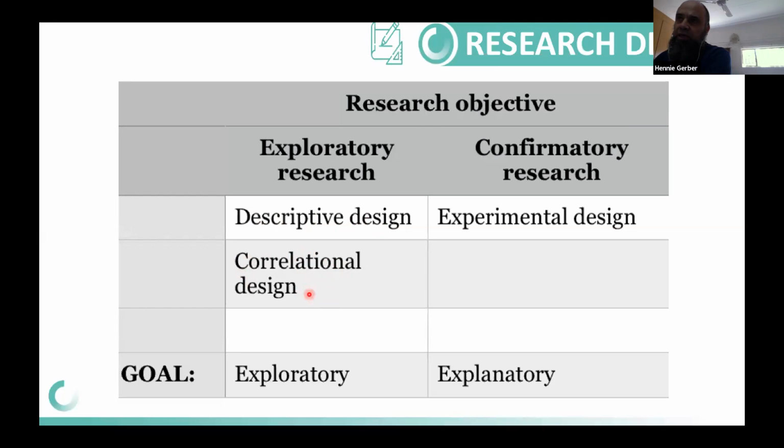Most studies are doing this. So if you have any model or any relationships you're looking at, and that's your main aim, say in your title you indicate the relationship, then you follow a correlational design. And then you do statistical analysis and modeling. Then if your goal is explanatory, you follow experimental design, trying to prove that a certain manipulation worked.